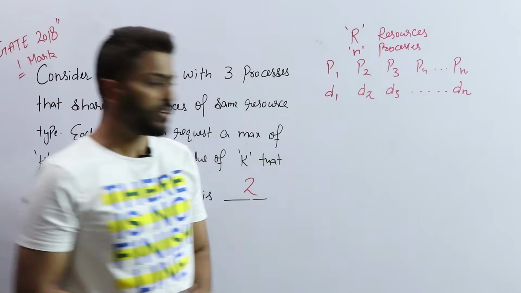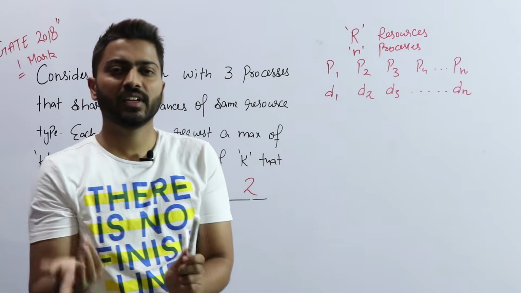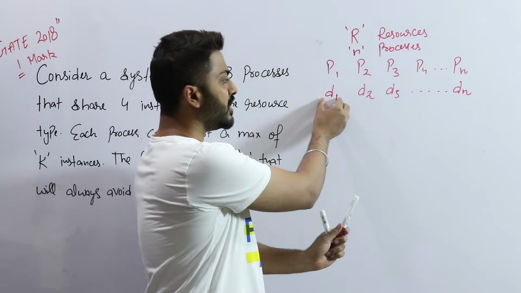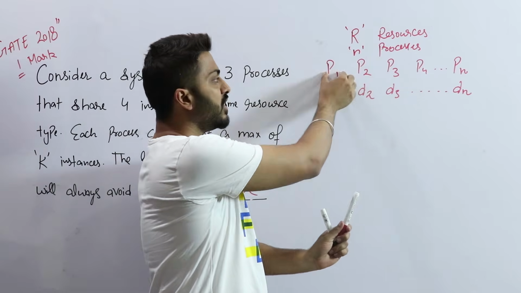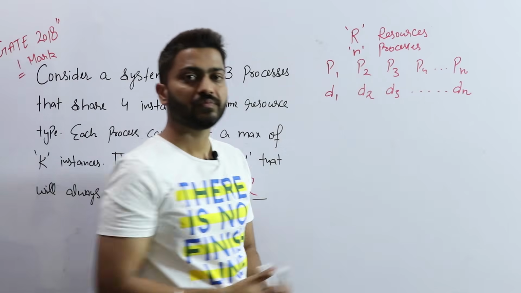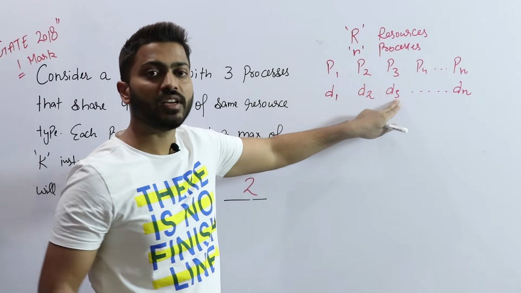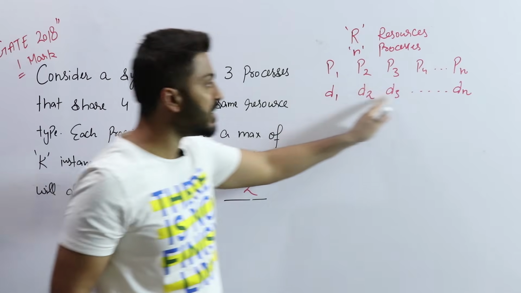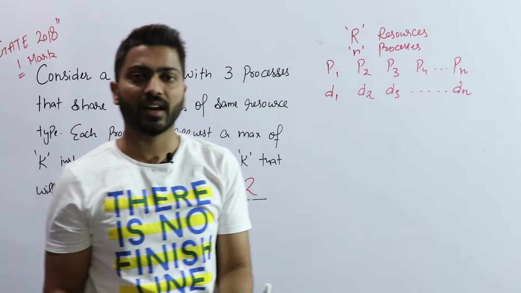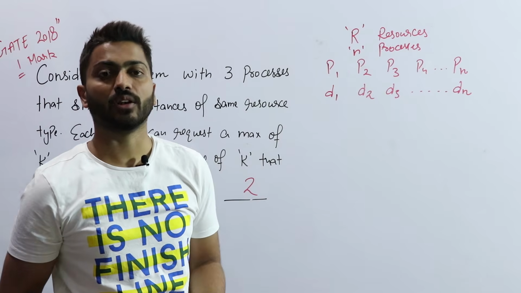Now if I want the system to be deadlock free, one thing I can do is provide D1 resources. P1 needs D1 resources, I will provide them. P2 needs D2, I will provide. P3 needs D3, I will provide. Whatever their need, if I provide that, the need will be fulfilled. There will be no deadlock.